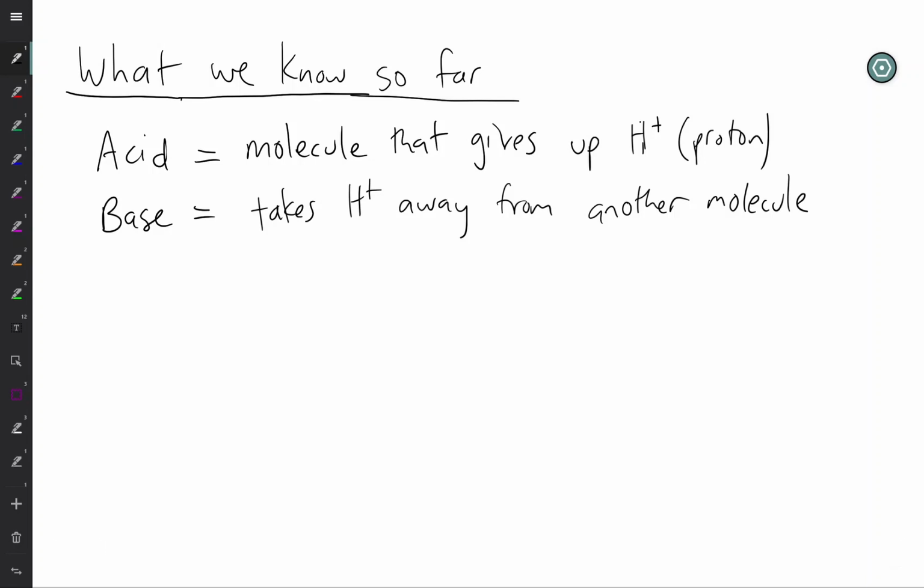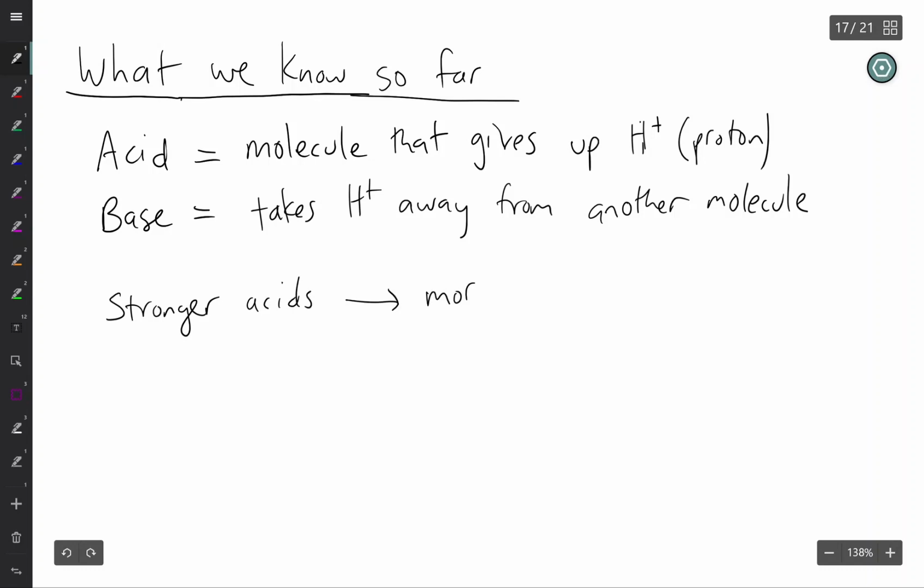And we've spent some time talking about how some acids are better than other acids at giving up H plus. So we talked about acid strength: stronger acids are more likely to give up H plus.